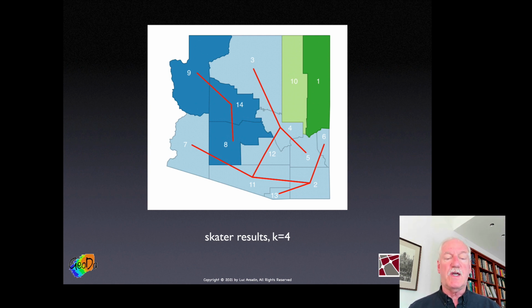So this is how Skater works. The key is to reduce the graph of the adjacencies to a minimum spanning tree, and then apply a divisive hierarchical clustering process where we move down the tree, so to speak, by applying the optimal cut in each stage.